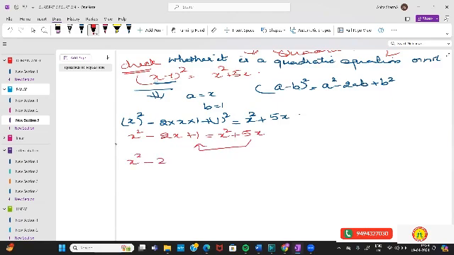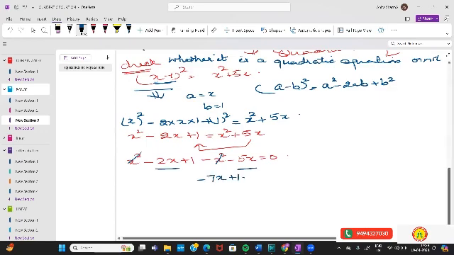So x square minus 2x plus 1 minus x square minus 5x is equal to 0. Now x square cancels, and minus 2x minus 5x is minus 7x, plus 1 is equal to 0. Now tell me, is this quadratic or not? No, ma'am, it's linear, its highest power is 1. So therefore, it is not a quadratic equation. Understood, beta?